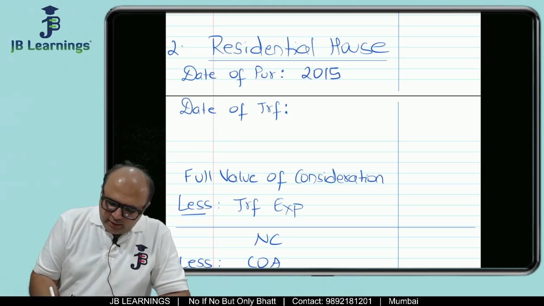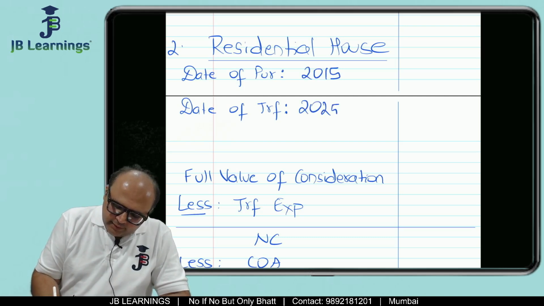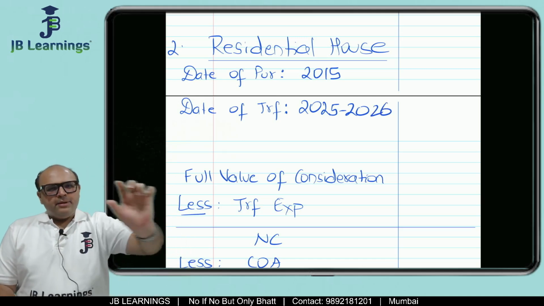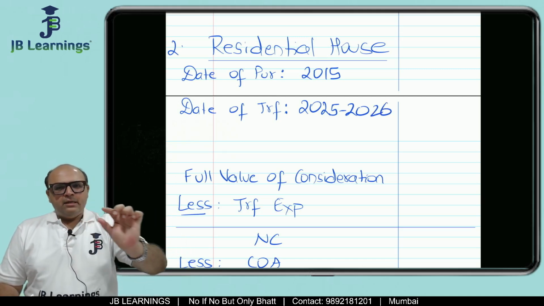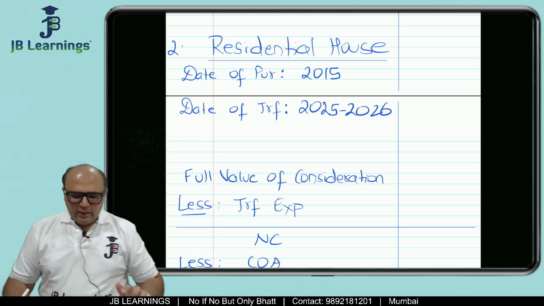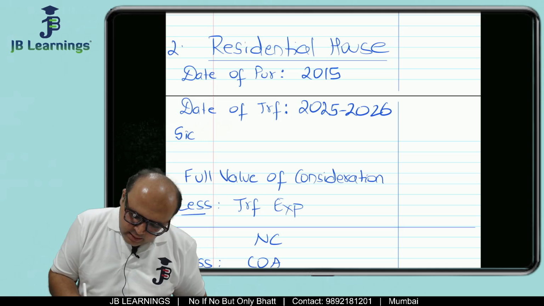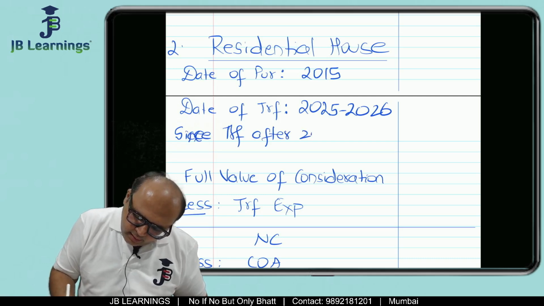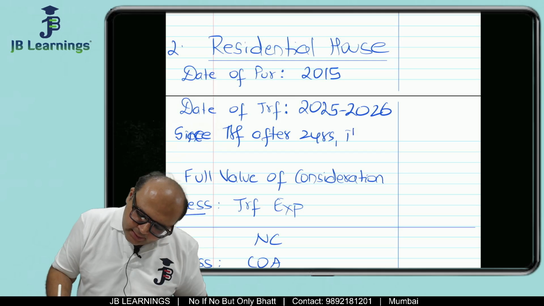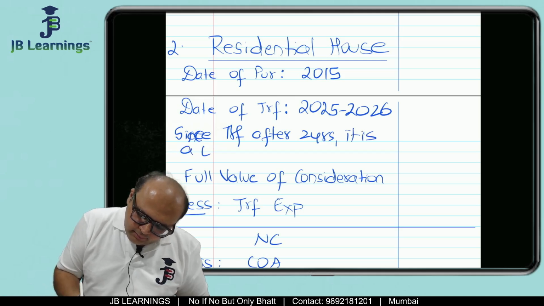The transfer is in 2025, 2026. So always have a habit to write this: type of capital asset, date of purchase, date of transfer. Since transferred after 2 years, it is a long-term capital asset.